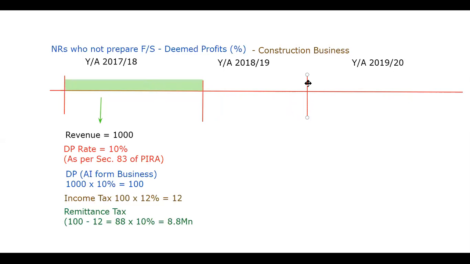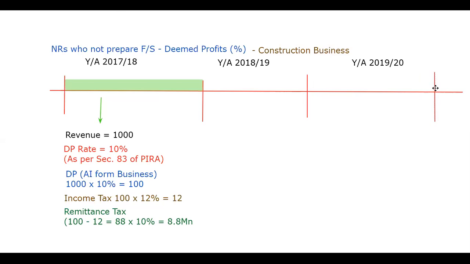Can anyone tell me, in the year of assessment 1920, how we are going to determine remittance tax and the deemed profit provisions?